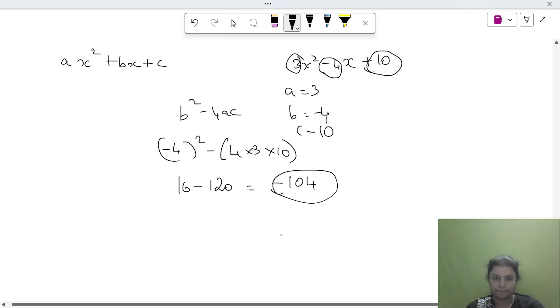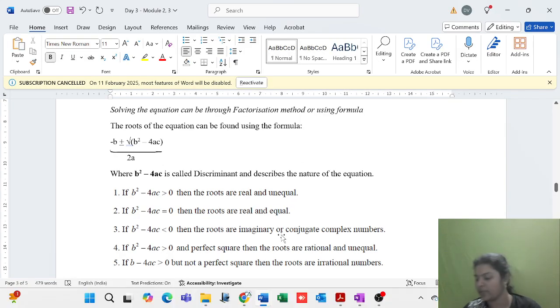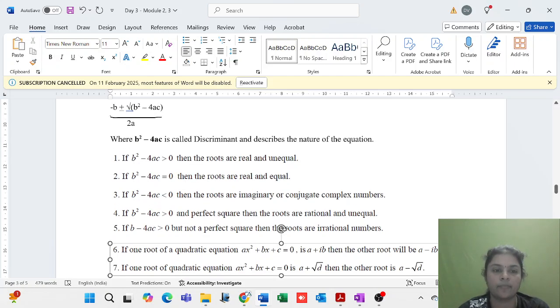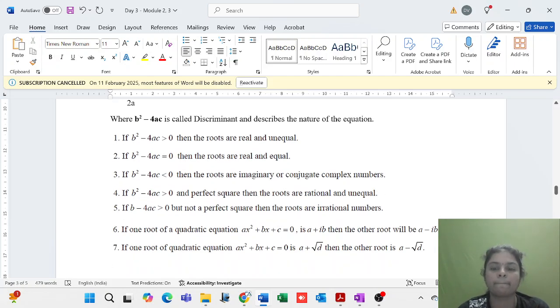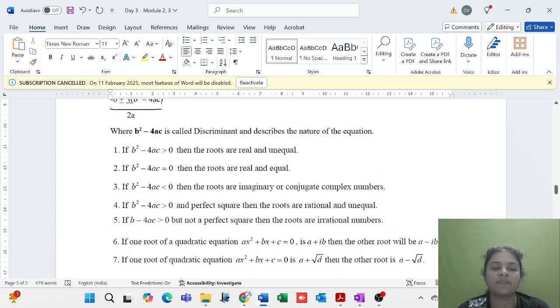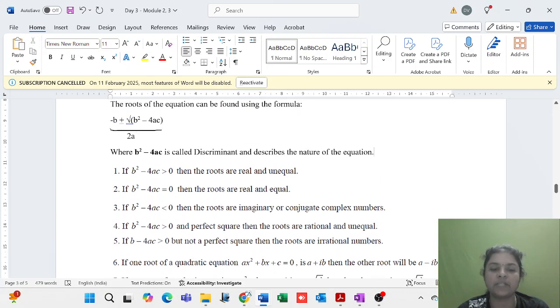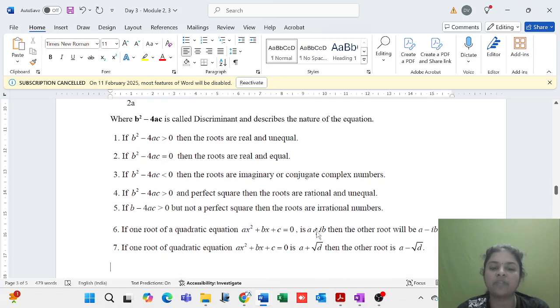Is that clear? Any doubts? Okay. So the first 6 and 7 are just properties for you to remember. If one root of the equation is a plus ib, then the other root will be a minus ib.